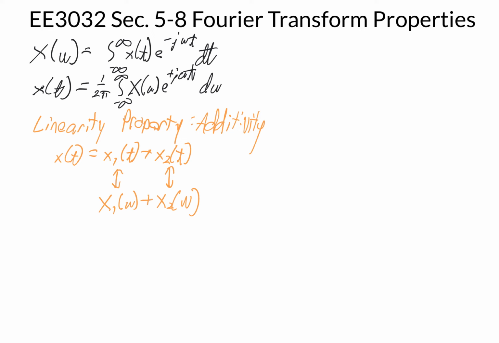And if we add those results together, we get the Fourier transform of the sum of the signal. So that is the linearity property, and we specifically proved the additivity property. This also applies since scaling also works across an integral. So if I scale a signal, I scale its integral.